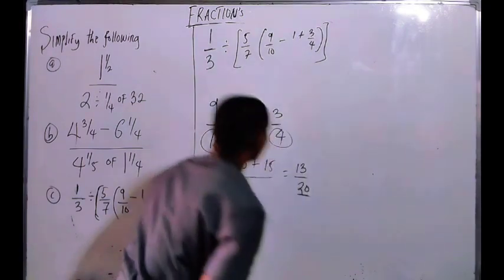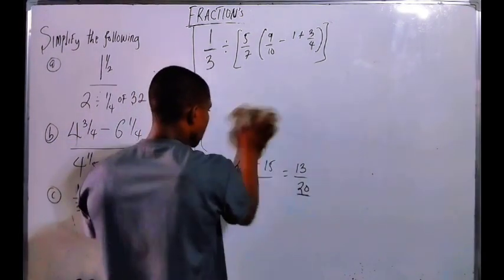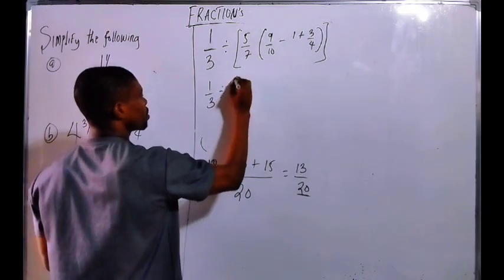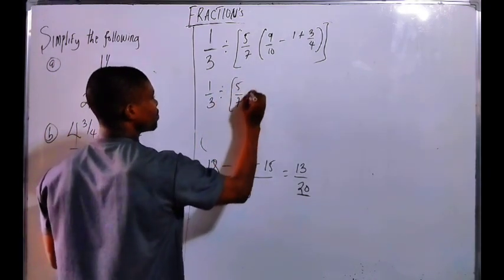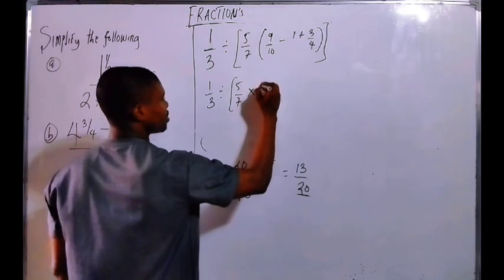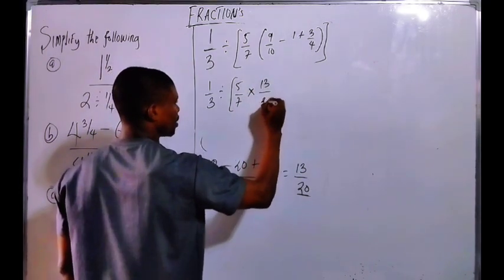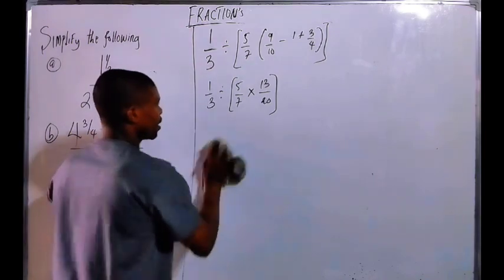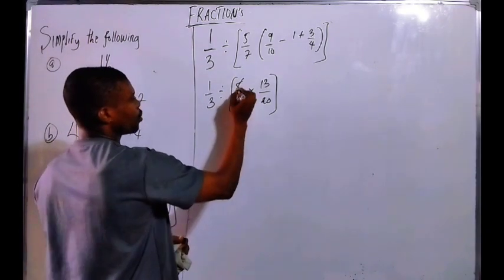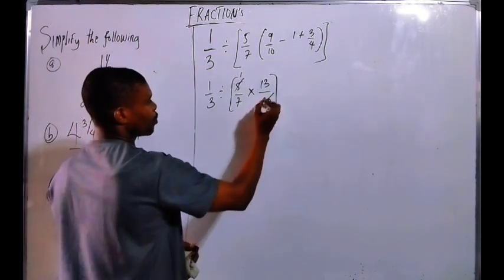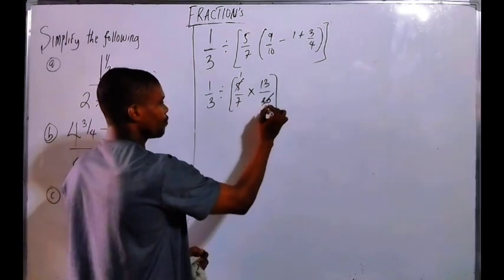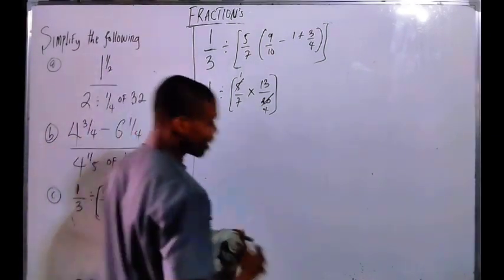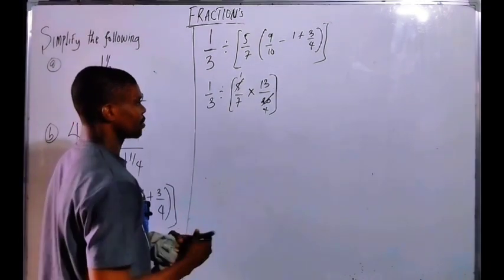So here, what will happen is going to be 1/3 divided by 5/7 times 13 over what? 20. Can you see that? So what I want to do here, 5 going to 5 is 1, 5 going to 20 here we have 4, right? So 4 times 7 is 28, right?